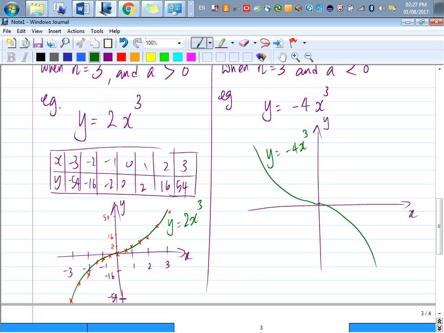Exactly how the graph will look. Those who have not plotted, you can just copy down the shape that I have over here. Smooth, and then go down.